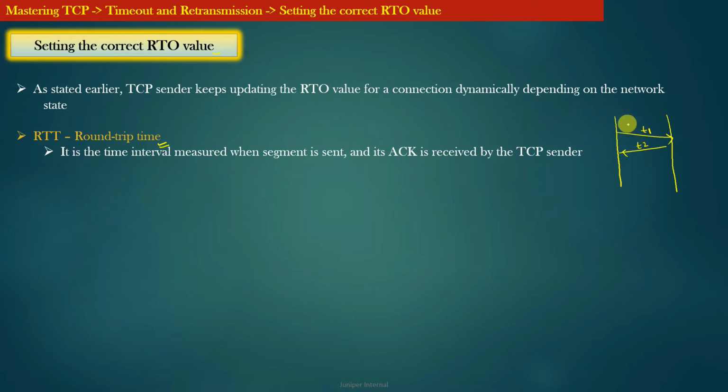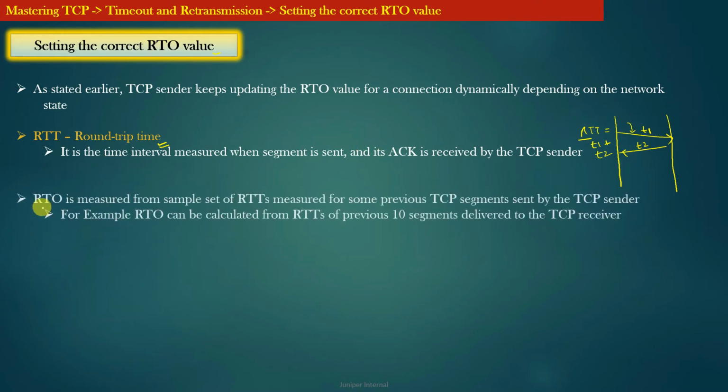So for this particular data segment, the value of RTT will be t1 plus t2. RTT is the total time measured by the TCP sender from the point when the data segment is injected into the network till the point when its ACK is received.